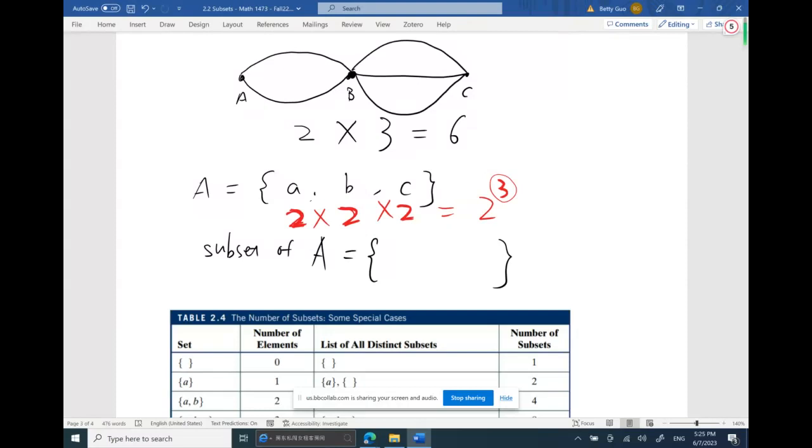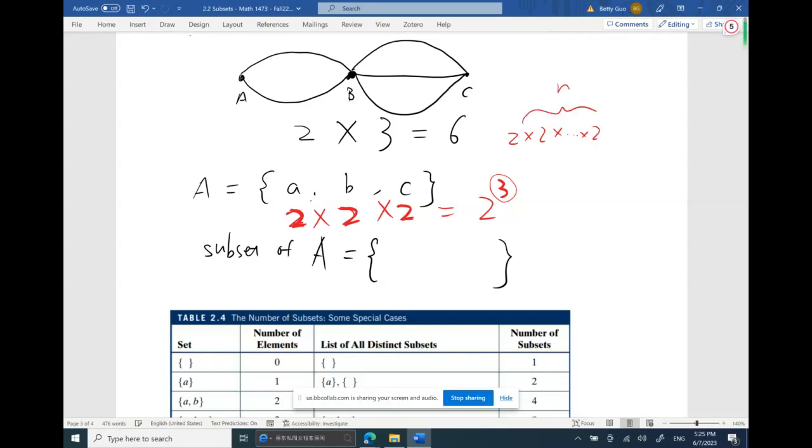Well, you can change the cardinality of set A. If we write the cardinality as n, then we have n parts when we make the decision, right? The first element include or not, second element include or not, and the last element we include or not.